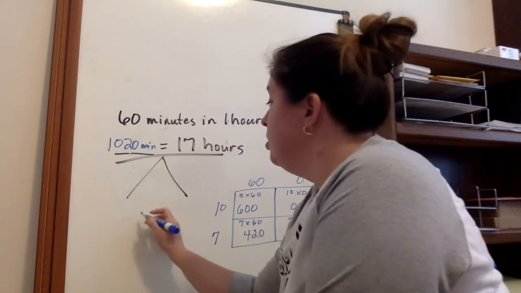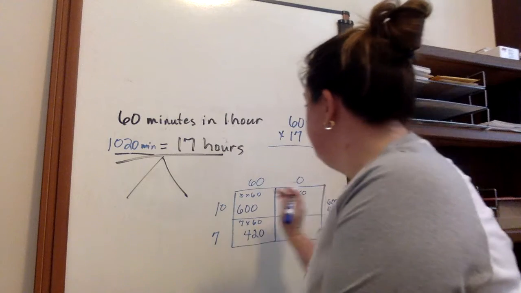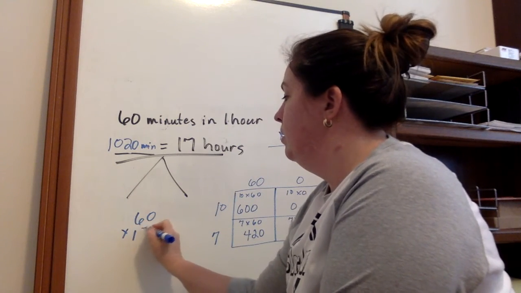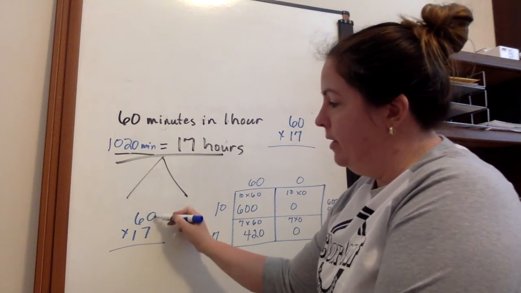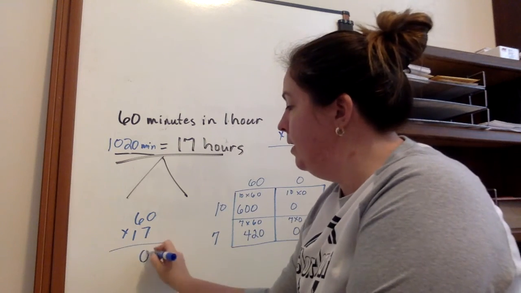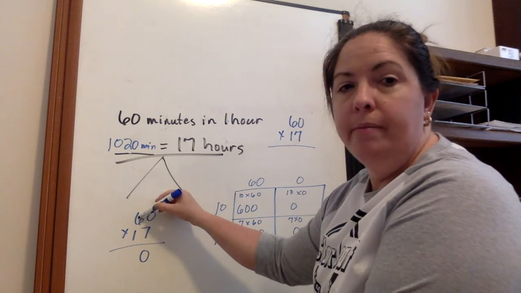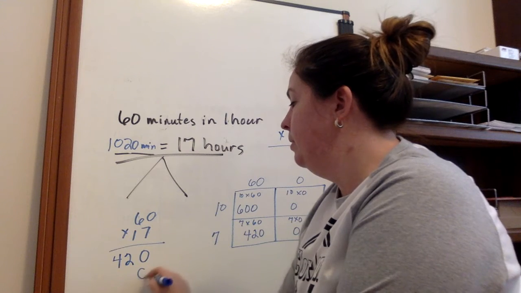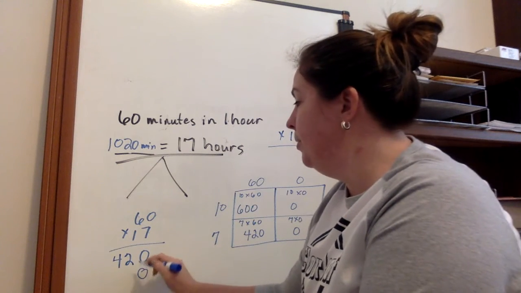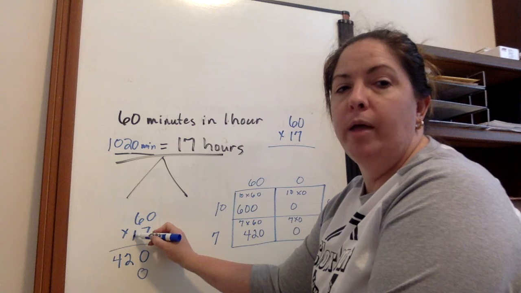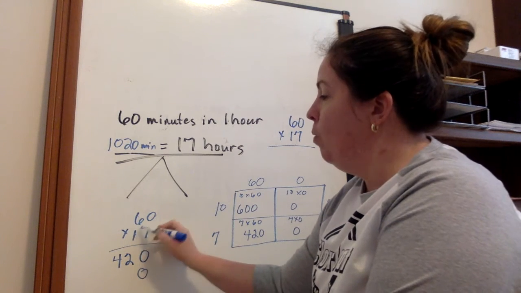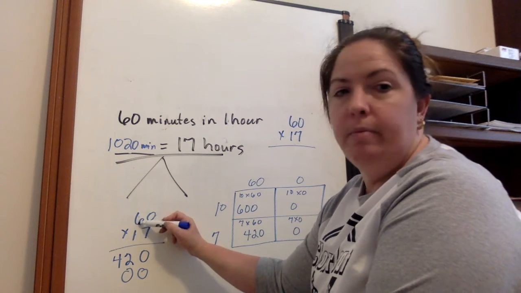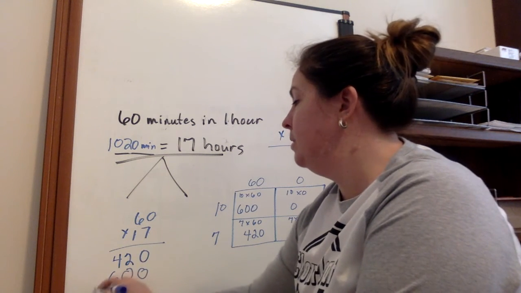Okay? I could also do this with my standard algorithm. Okay? 7 times 0 is 0. 7 times 6 is 42. I need my placeholder 0 here because we're moving on to multiplying our tens place. 1 times 0 is 0. 1 times 6 is 6.